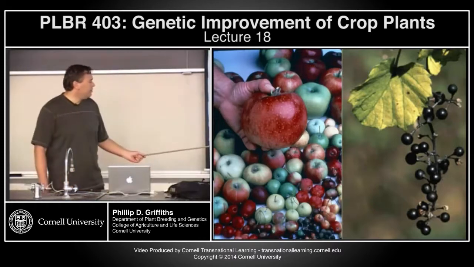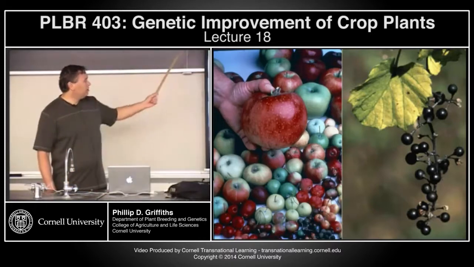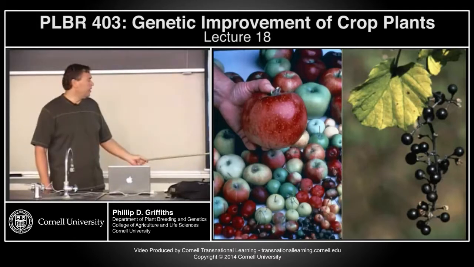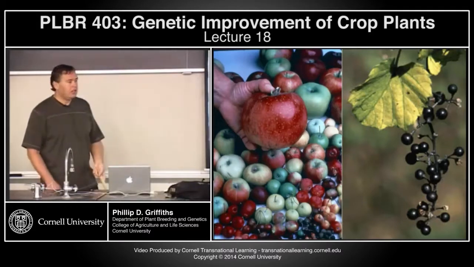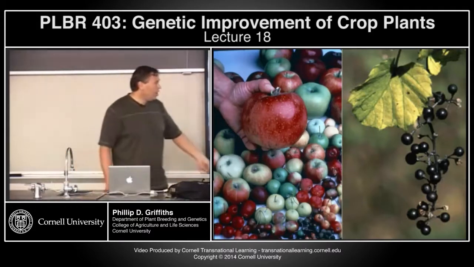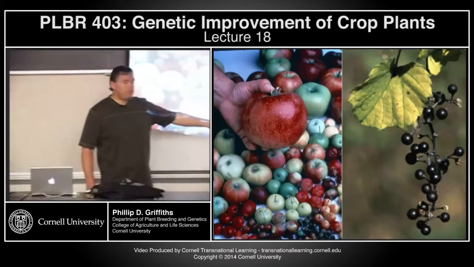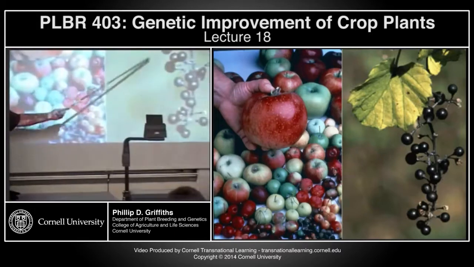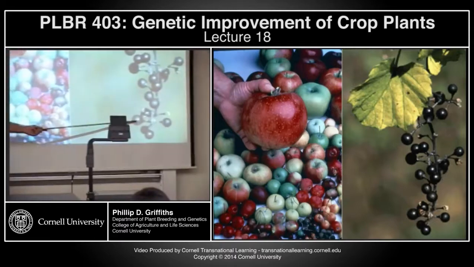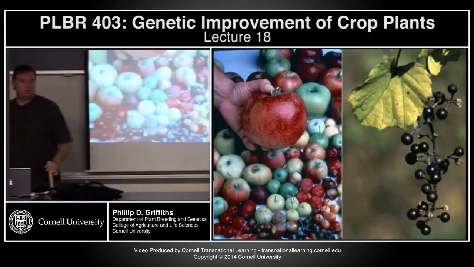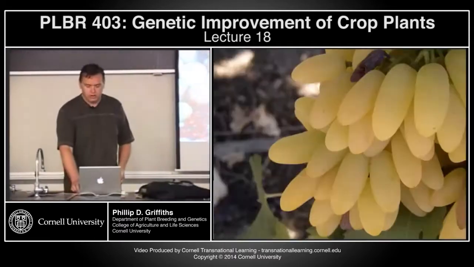This is an example of some of the apples that are in the collection. They can be anything from the size of a cherry to something that's pretty much the size of your head. Also, if you look at grapes, for instance, they're not going to be that typical bunch of grapes. Oftentimes wild stuff may be very, very different from what you would be used to seeing in commercial varietal types.